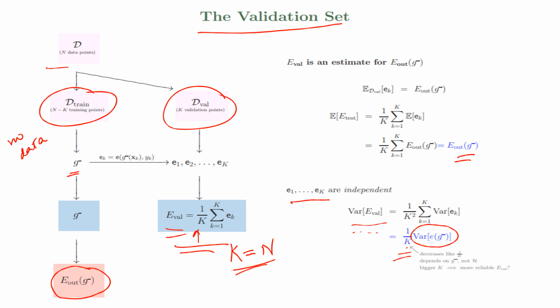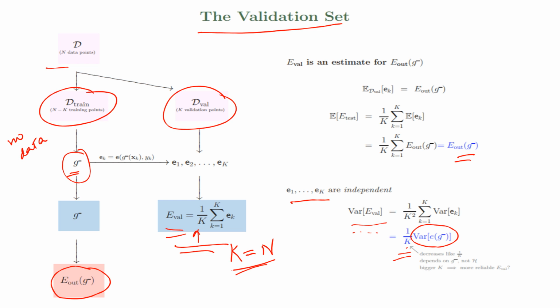So it depends on g minus and the way we got to this g minus. When we calculate that variance, it's going to go up because we are calculating this error on a deficient hypothesis, an extremely deficient one rather, because I don't have any data there. All right, having said that, let's look at this trade-off and how it comes into the picture, and what a good k is that we should have, because we said that k equals n looked really ideal, but that's not the case.